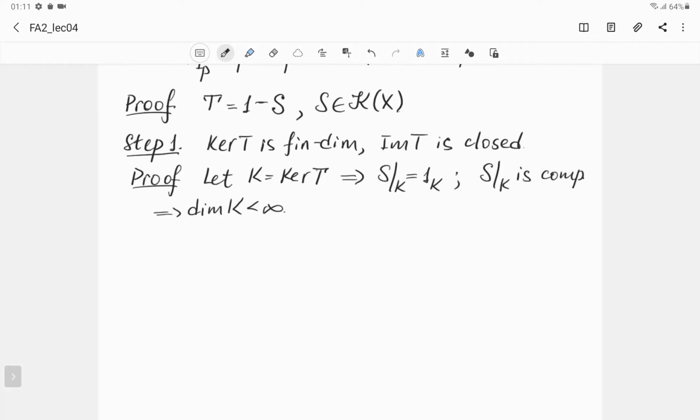So let's consider the quotient of X modulo K. And we consider the induced operator T hat from X modulo K to X, which acts by the following formula. So this is the operator induced by T. And it is injective because we quotient out the kernel of T. To show that the image of T is closed, it suffices to show that T hat is topologically injective.